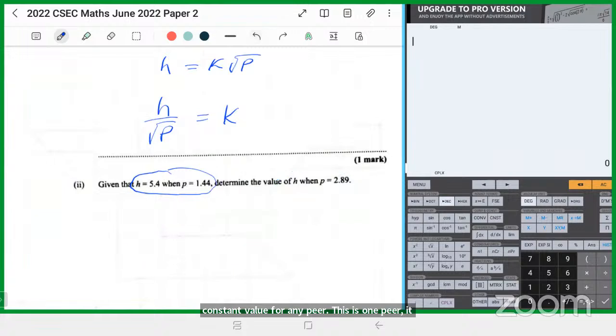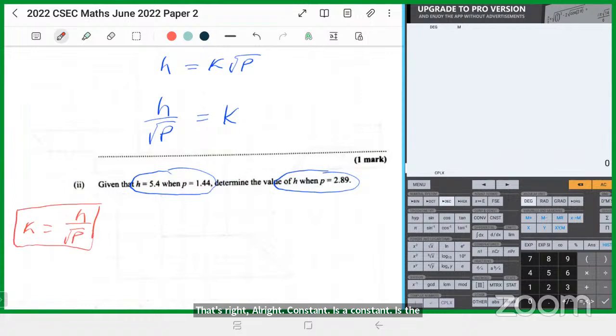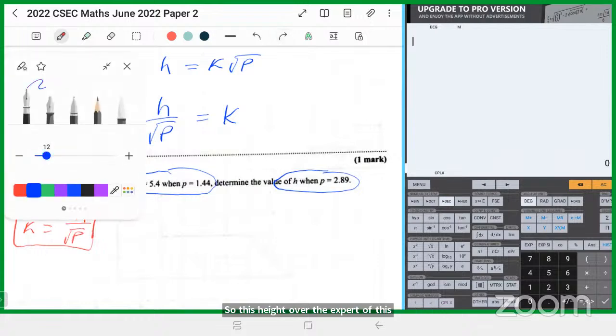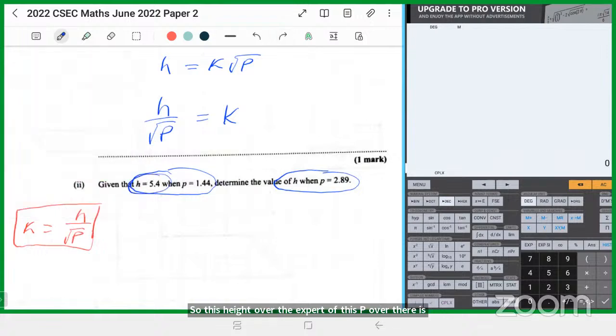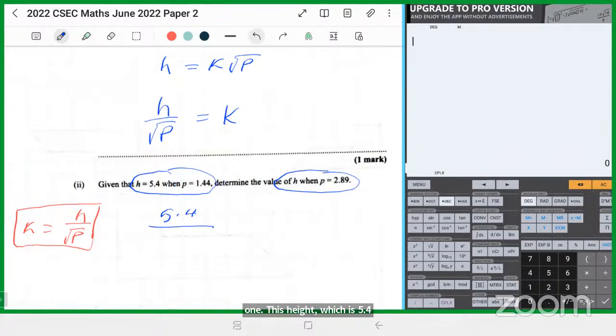So let's write it out. The k, a constant, is the height over the square root of the p value everywhere. So this height, which is 5.4, over the square root of this p, is equal to the same setup for this pair, because it's a constant.